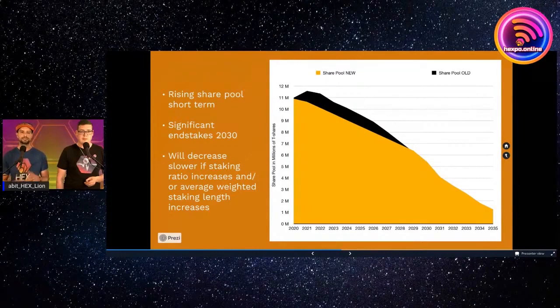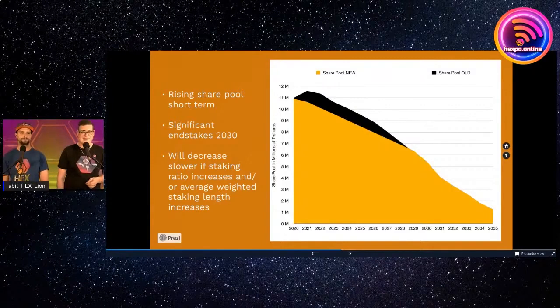And this is what we saw as well. Both things became true. Last year, the staking ratio was 9.7. Today it is 9.8. This is one reason why the T-share pool will decrease a little bit slower. And also something else happened: the average staking length increased and increased. I think 1 year ago it was 4.8, then it was 5.8, and now I think it's up to 6 and something, right?